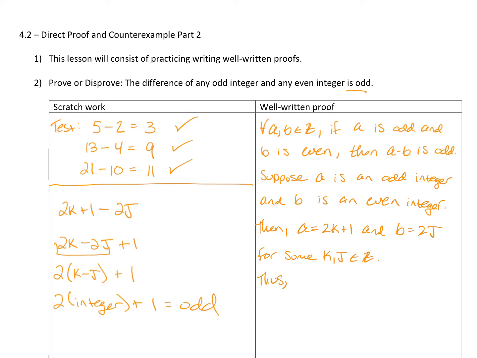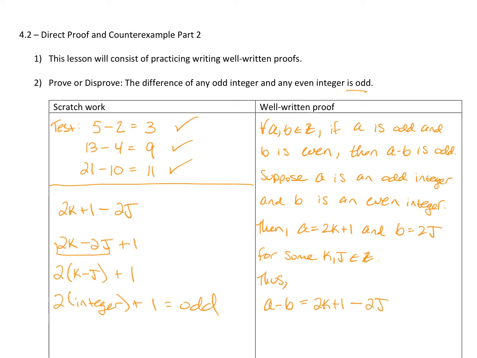Thus, the difference, a minus b, which is what we're trying to prove, is odd. We're trying to show that a minus b is odd. So I'm going to say, well, let's see what we can say about a minus b given these definitions. A minus b would be 2k plus 1 minus 2j.